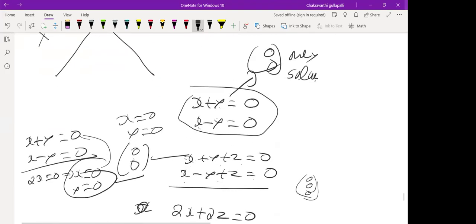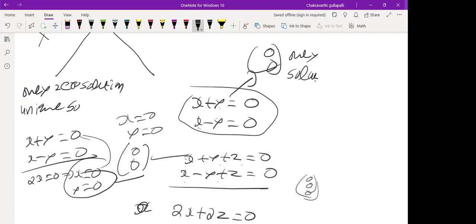So for a homogeneous system, there will be two types of solutions. Only the 0 solution, that is a unique solution. Only one solution, namely the 0 solution. Another name for this is trivial solution.